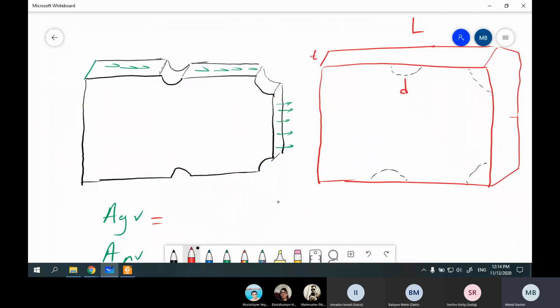The thickness is T. Agv for this part is L dot T. So this is Agv. And also we have another one in the bottom part. So Agv is L dot T dot 2.